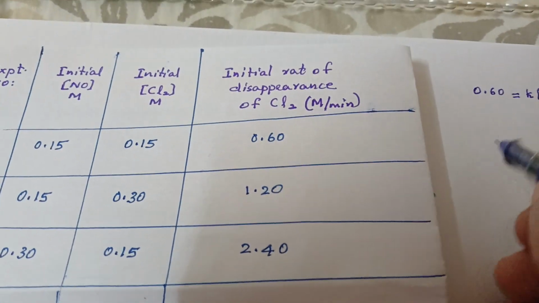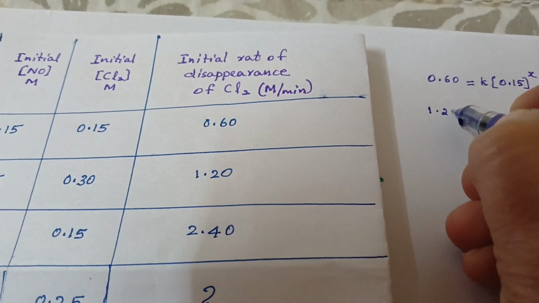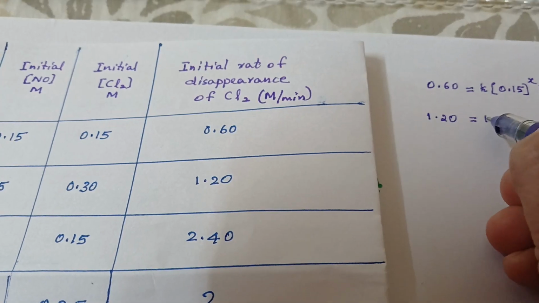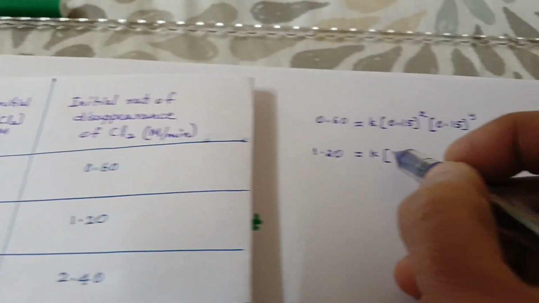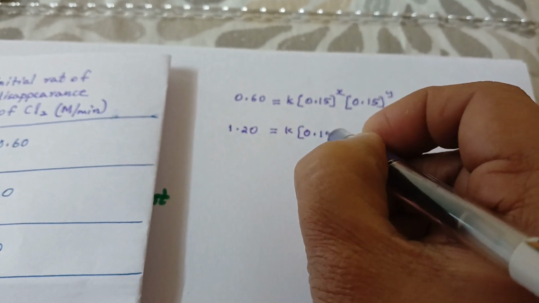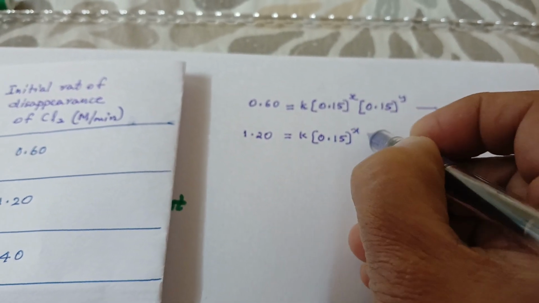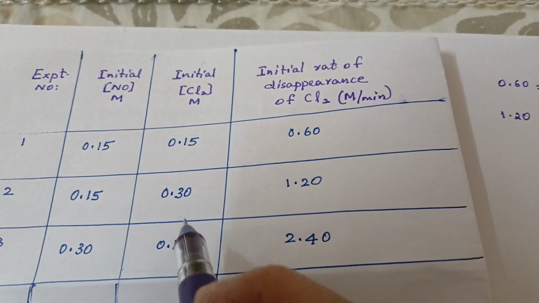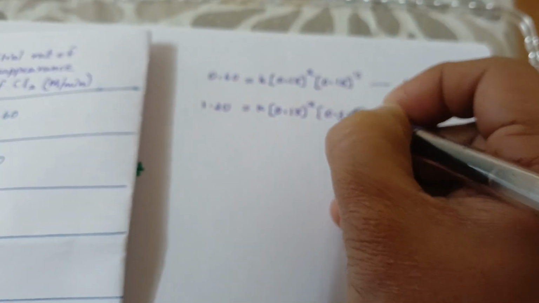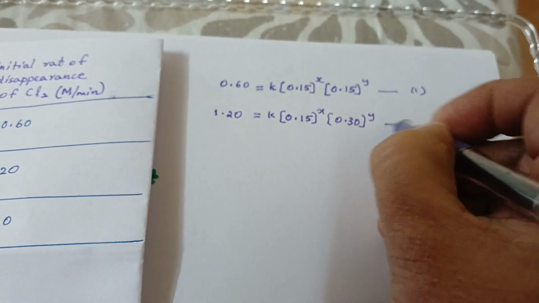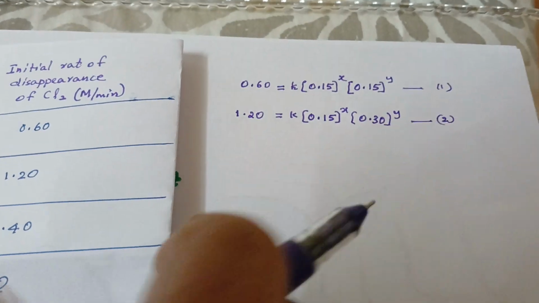Second equation, 1.20 equal to K into concentration of NO is 0.15 raised to X into concentration of Cl2 is 0.30 raised to Y. That is the second equation.